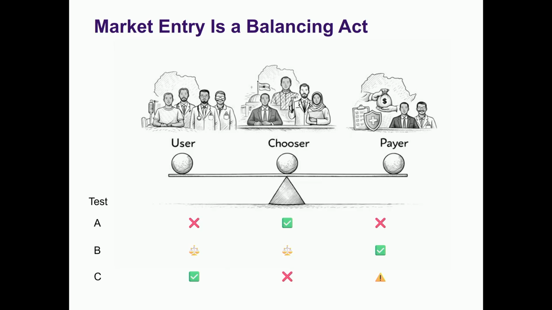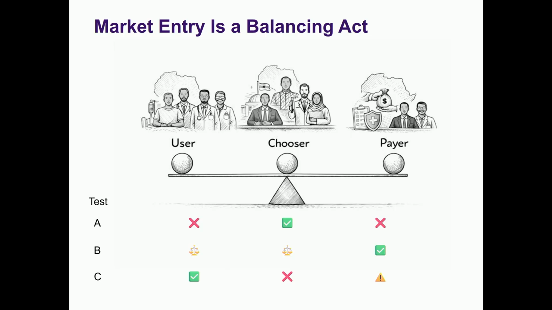So that would actually be more expensive. But oftentimes, that's something that the payer worries about when thinking about scale. The chooser doesn't like test C because they're usually a lab person at the head of the technical committee, and they don't like tests that are not as accurate as the ones they know how to use in their lab.